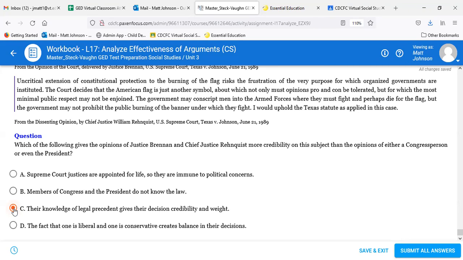President Obama was a constitutional scholar, a constitutional lawyer, but as far as doing this every day, this is what the justices do. So they are the experts, more so than a member of Congress or a president. So 15 is C as in cat.